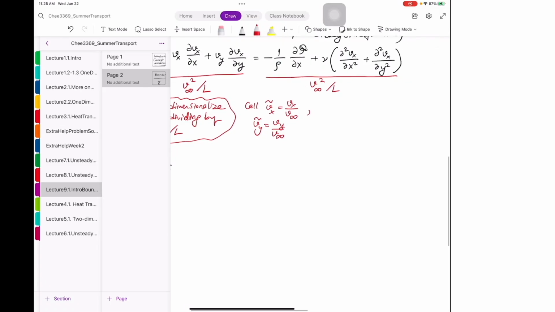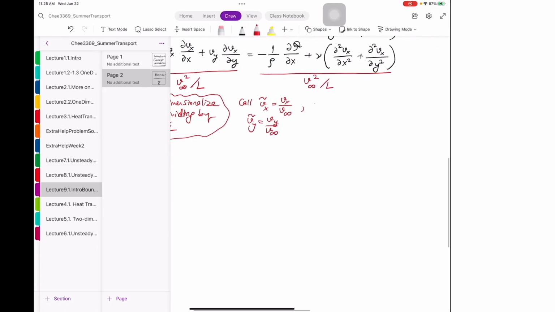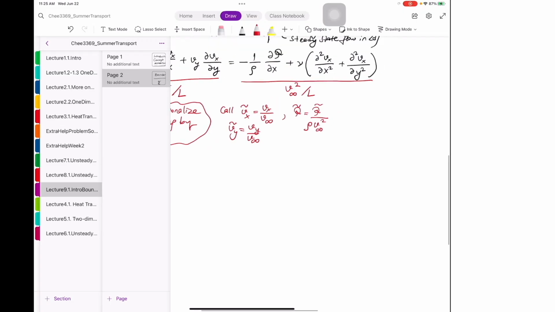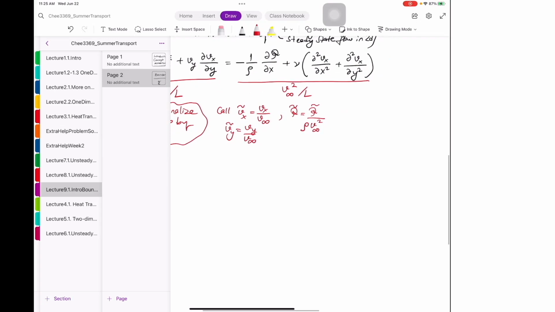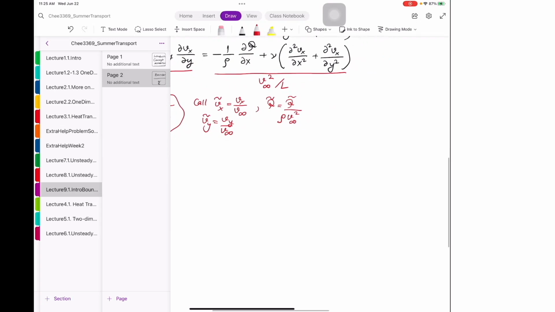And P tilde is P divided by rho V infinity squared, non-dimensional, and x tilde is x over L, and y tilde is y over L.